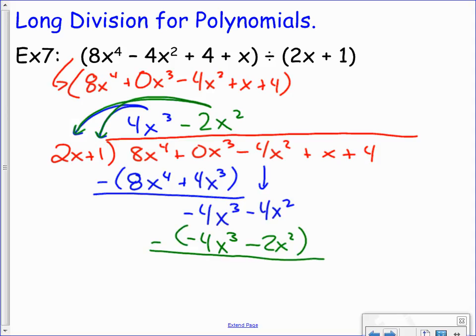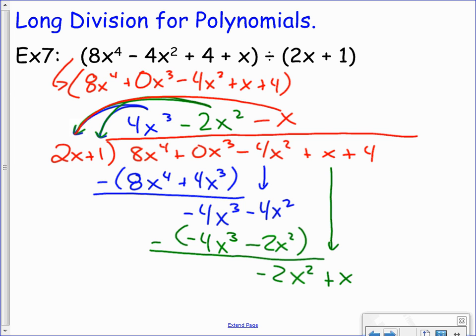Negative 2x squared plus x, and start over. We know it's negative x. Thank you. So we have to get to negative 2x squared. I have a 2 and I have an x, so I need negative 1. So just negative x, right?